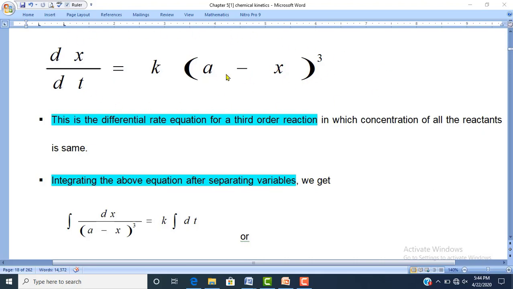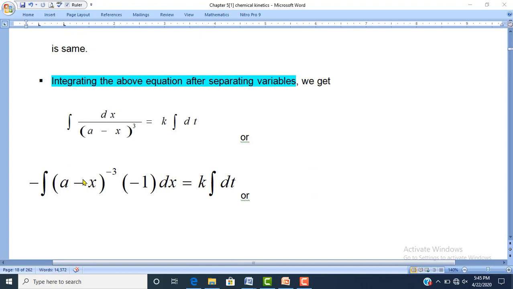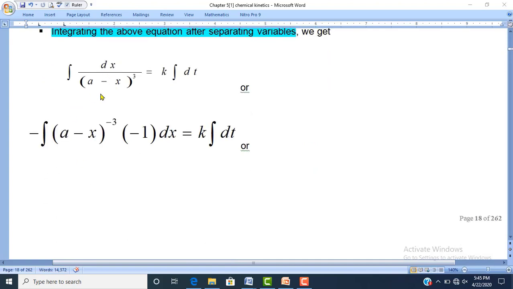The concentration x and a minus x we take to the left hand side, and time on the right hand side, because with the change in time, concentration x also changes. So this equation becomes the integral of dx over (a minus x) cube is equal to the rate constant k into the integral of dt.